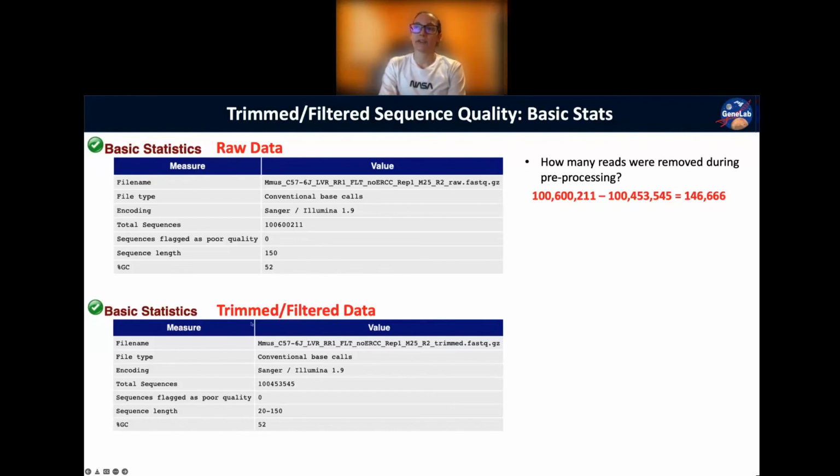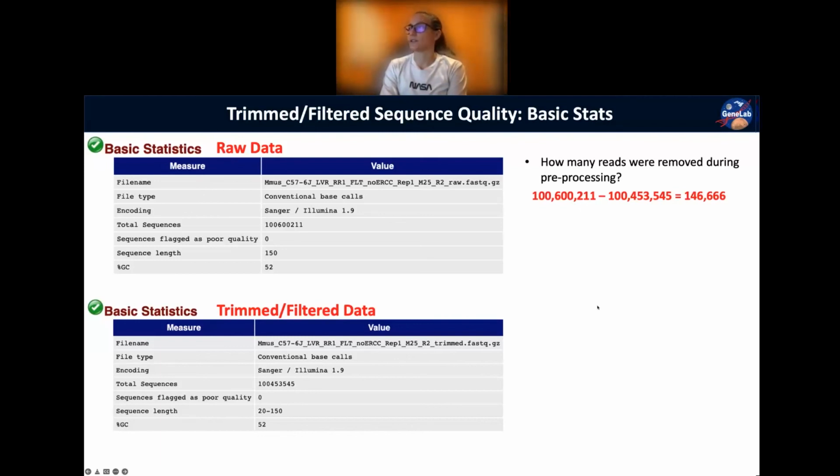We had 100,600,000, and after we trim, our total number of sequences is now 100,450,000. To know how many reads were removed after trimming, it would just be the ones that we started with in the raw data minus how many we're left with after we trim. And so it's 146,666 reads that were removed.